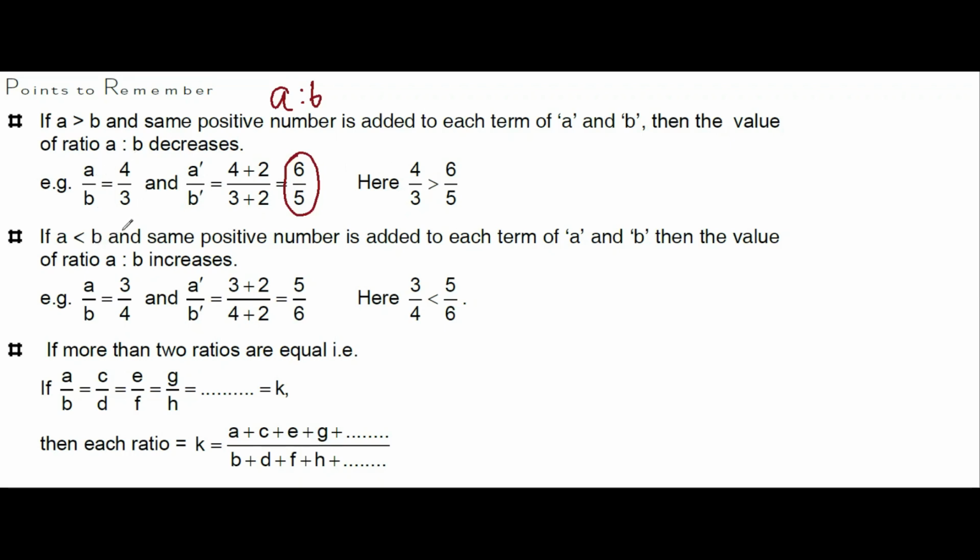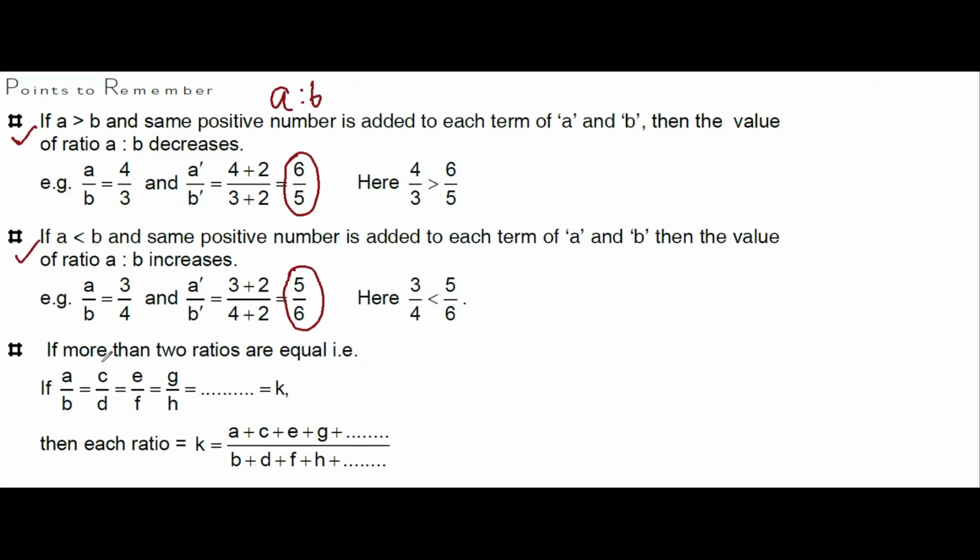Then the second point to remember is, if A is less than B, here A is 3 and B is 4, and I'm using A by B as 3 by 4, and if I'm adding any positive number to it, whatever answer I get will always be greater than the original ratio. That's what these 2 points mean.